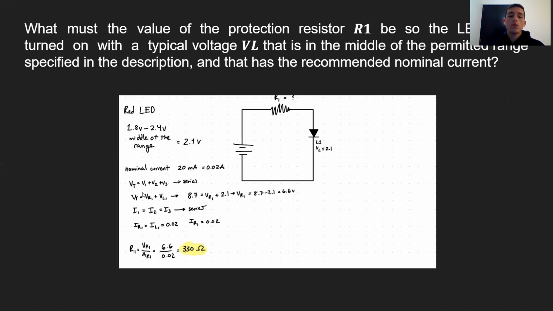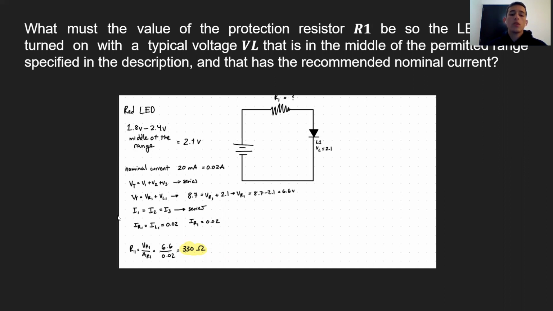In this case, we used the properties of the voltage in series, which is total voltage equals the many voltages added. We had the total voltage of 8.7 from the battery source, and we equal that to the voltage in R1 plus the voltage in the LED. And we had that the voltage in R1 is equal to 6.6 volts.